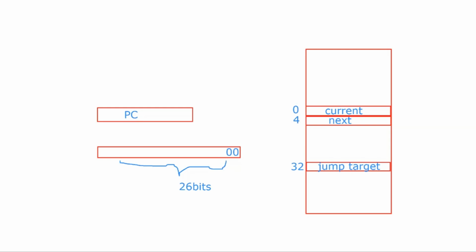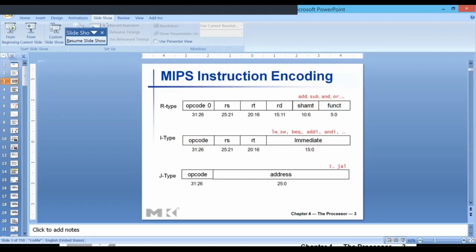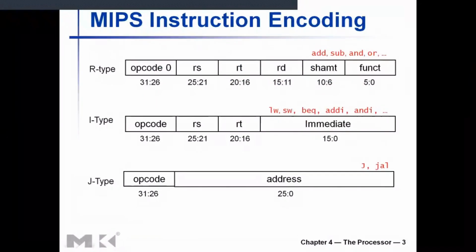We don't use them. We can't use them because the immediate operand given in the jump instruction is only 26 bits wide.